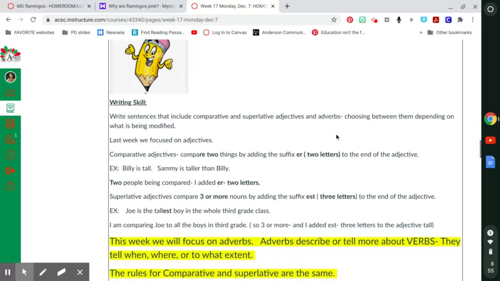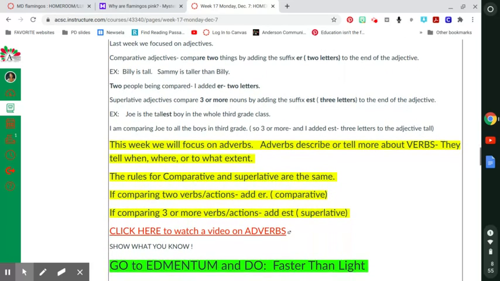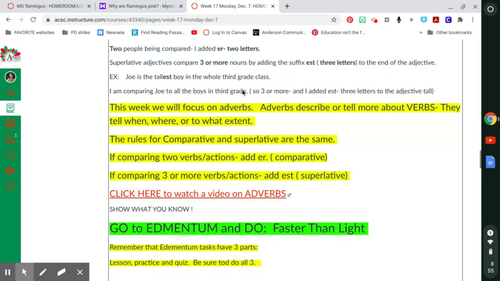Okay, our writing skill, where our standard says that we're going to write sentences that include comparative and superlative adjectives and adverbs. Last week we focused on adjectives. Comparative adjectives compare two things by adding ER, two letters, to the end of an adjective. So when we say Billy is tall, that's an adjective. Sammy is taller than Billy. We're now comparing two people, so we added ER, two letters.